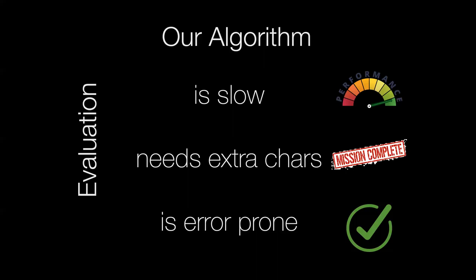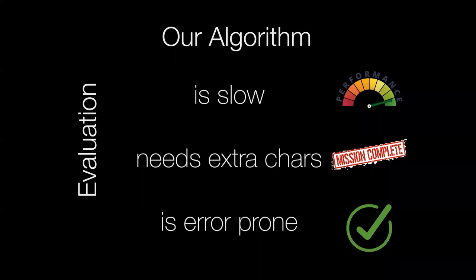So what we need to do is to evaluate our algorithm. And when we say an algorithm is slow, it means that we are evaluating the performance of the algorithm, okay? Performance, efficiency. Is it slow or is it fast?